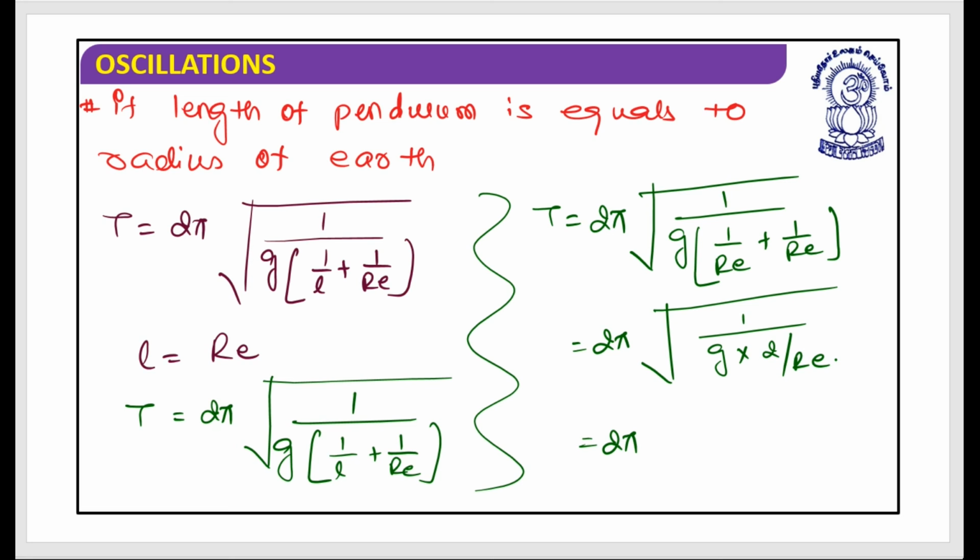This gives 2 pi root of Re by 2g. This is the time period. I hope this is clear.